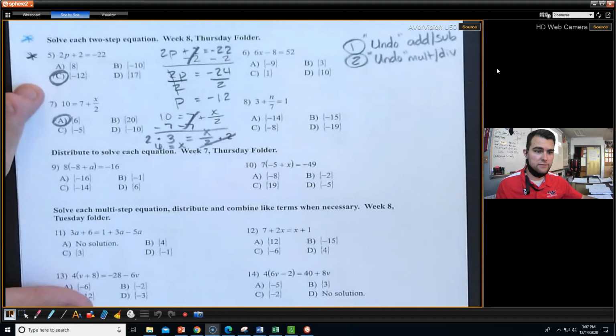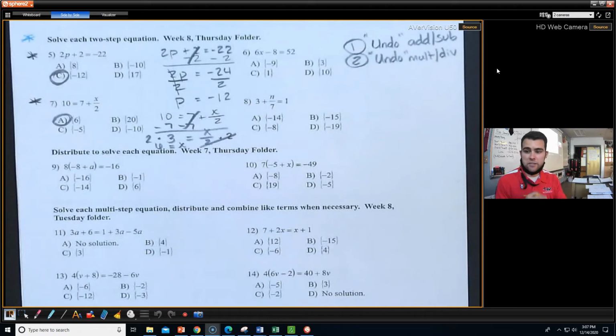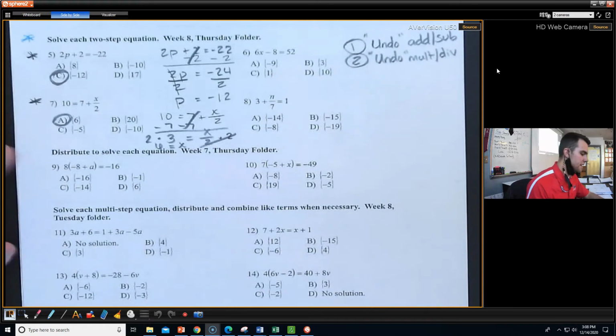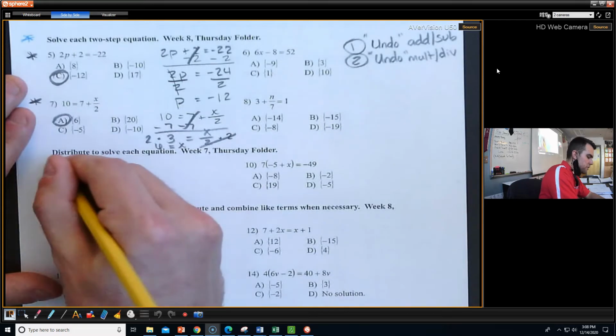Okay, we're good. So that's the essence of solving equations, is getting the variable by itself. If you're able to do that, you're good to go. This final is going to throw a bunch of stuff at you, things you've seen before, of course. For example, if we look at number 9 and number 10, both of them deal with distribution.